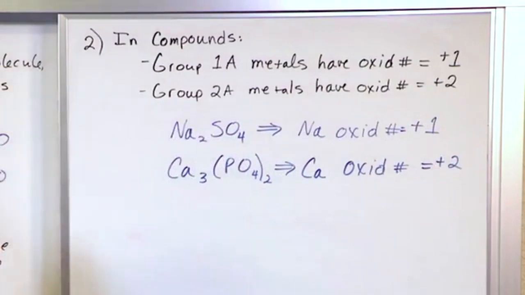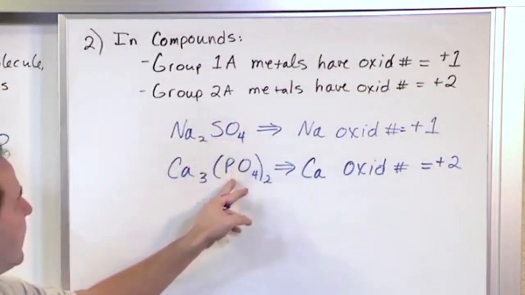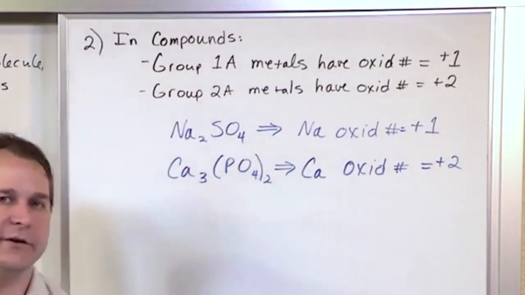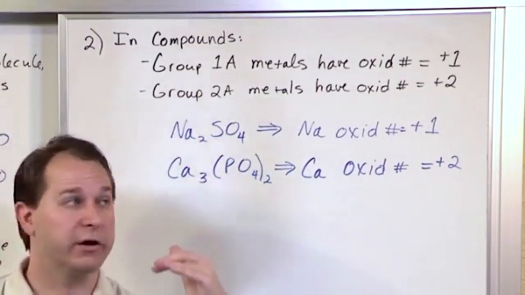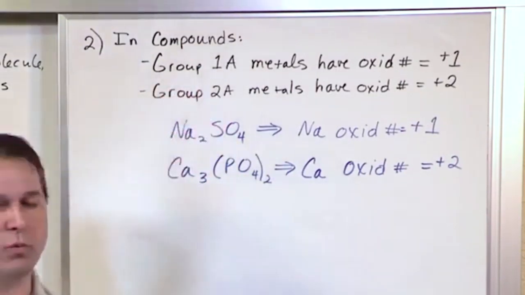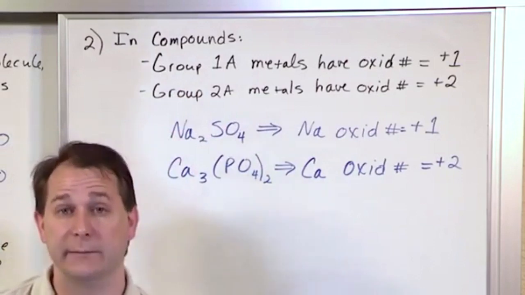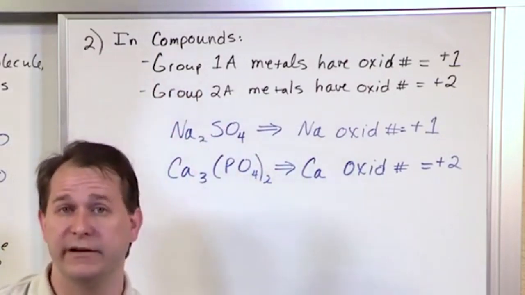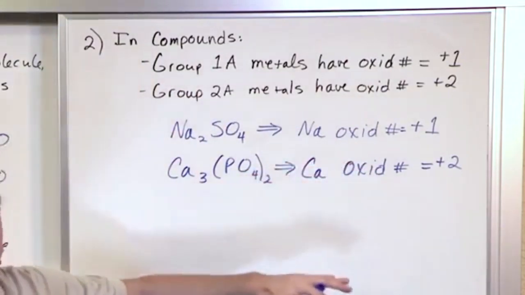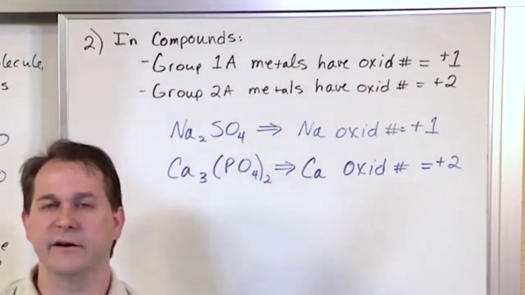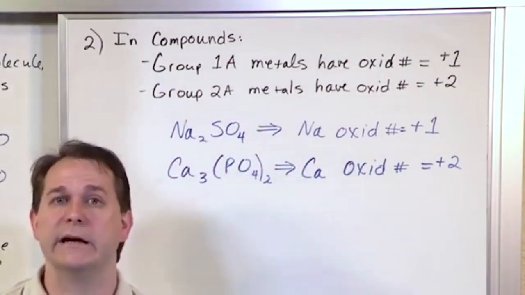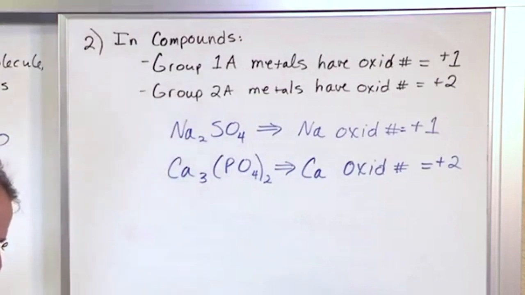I haven't given you rules to find the other ones yet, but what I'm trying to tell you is that you follow a priority order. You first look to see if you have any group 1A or 2A elements, and if you do, you know what those oxidation numbers are. Then there's rule 3 and 4, and you just keep marching down the list until you've assigned a number to everything you're looking at.